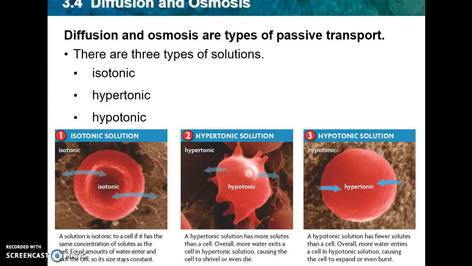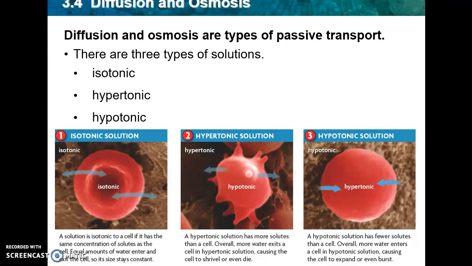So these are all pictures of red blood cells, just in different situations. Number one is isotonic, so it's happy. It's the same on the outside as it is on the inside, and water is just flowing back and forth across. Nothing's really changing. It's wonderful. So it's a nice, happy red blood cell. And number two is a hypertonic solution.